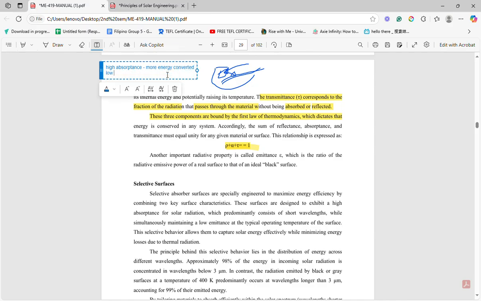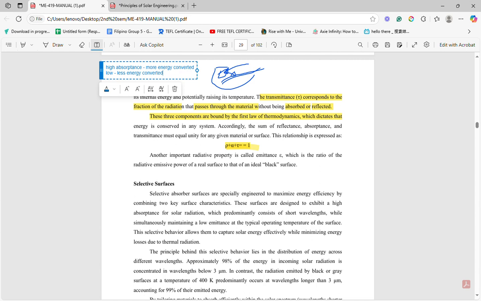Whereas if it's low, then it's the opposite: less energy converted. And one of the properties of our materials should be dark colored materials. We know that dark colored materials absorb more sunlight. So we need those dark colors to absorb more energy from the sun.